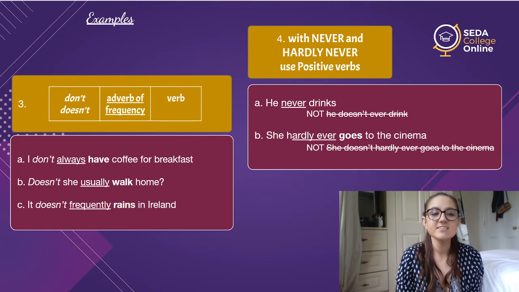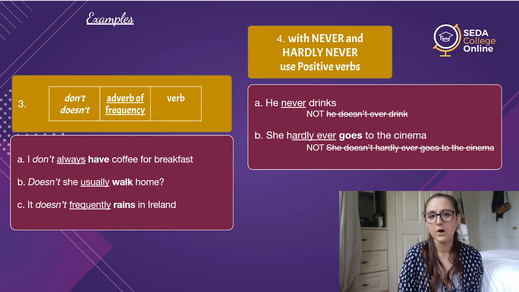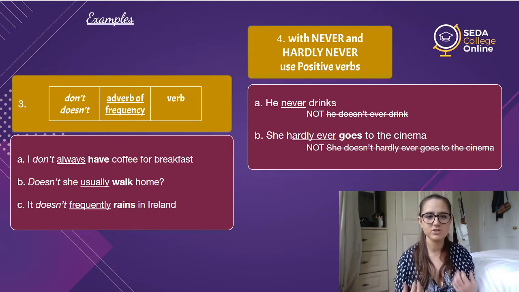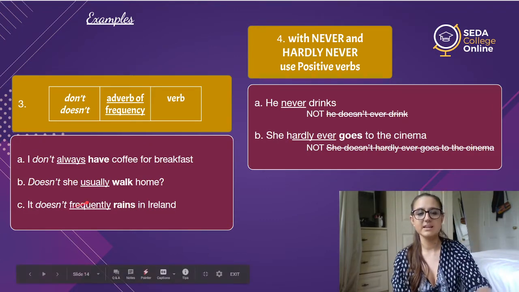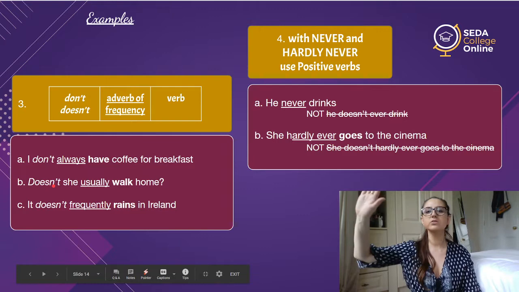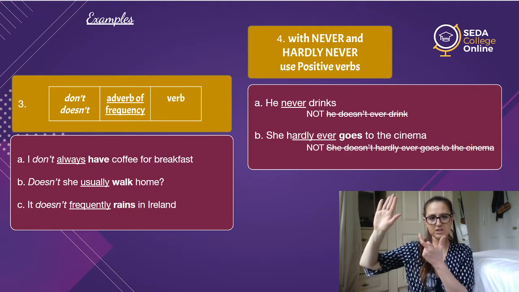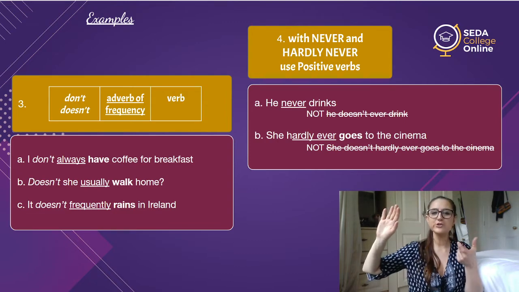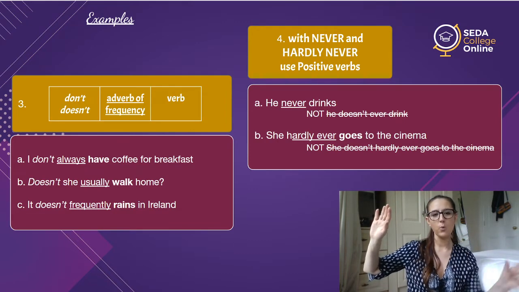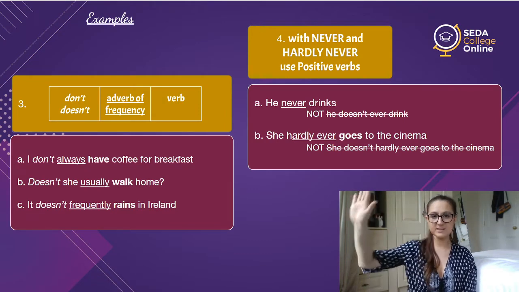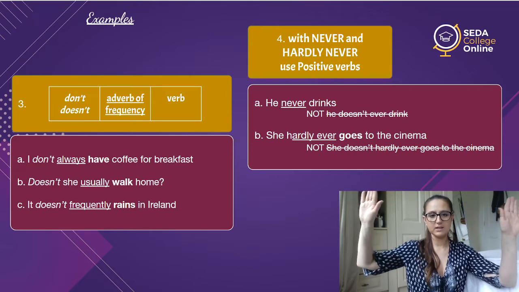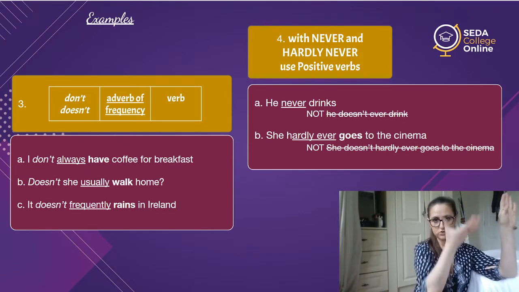B, doesn't she usually walk home? You see, now it's a question, and the doesn't goes to the front of the sentence. So doesn't she usually, in the middle, walk home? Between doesn't and walk, we have usually.